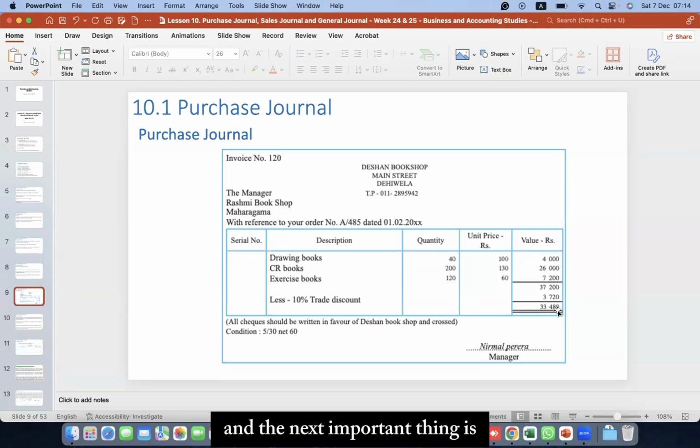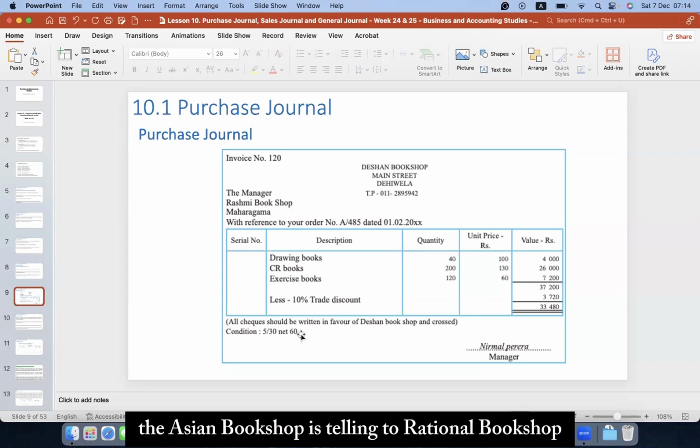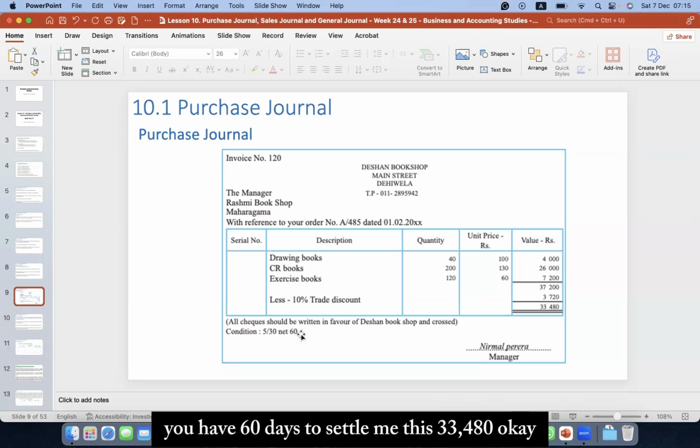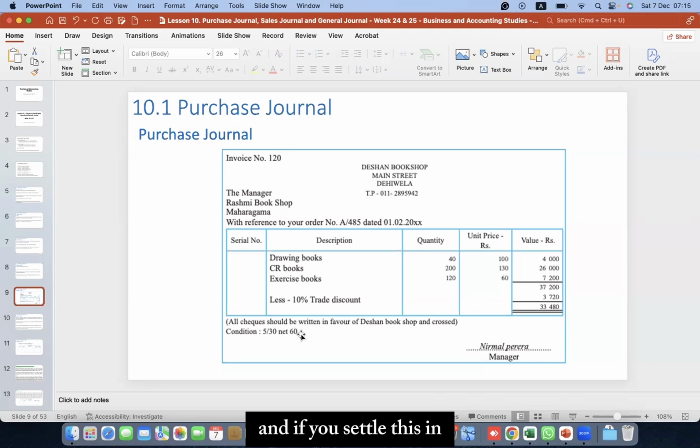And the next important thing is you have a condition here. Condition 5/30 net 60. What does it mean? Let's say Deshan Bookshop is telling Rashmi Bookshop, hi Rashmi Bookshop, you have 60 days to settle this 33,480.